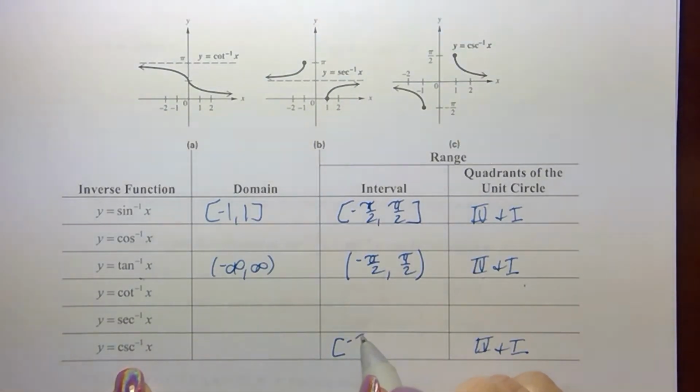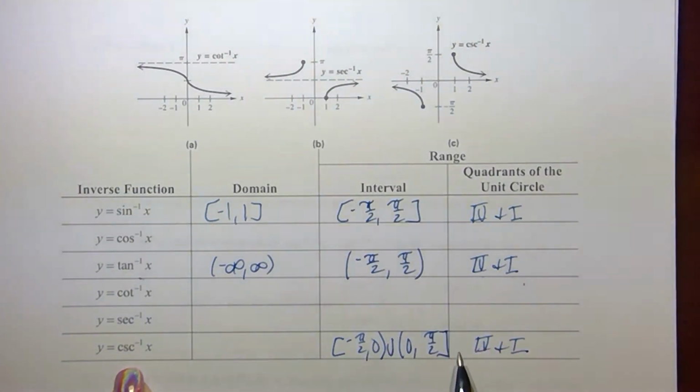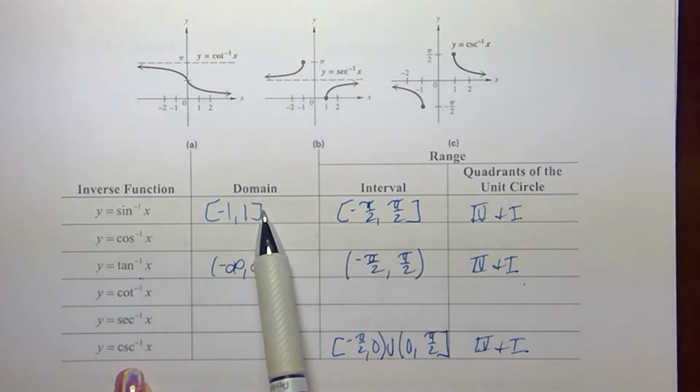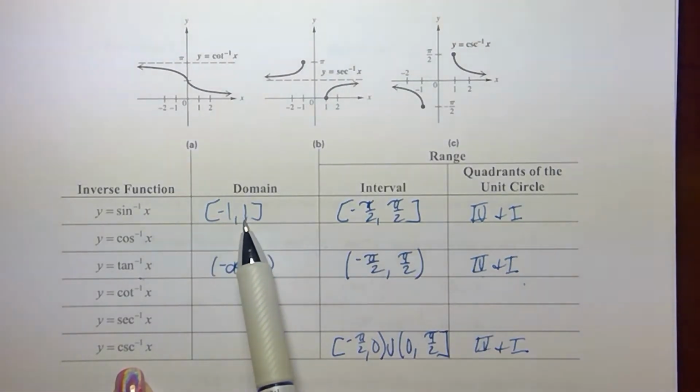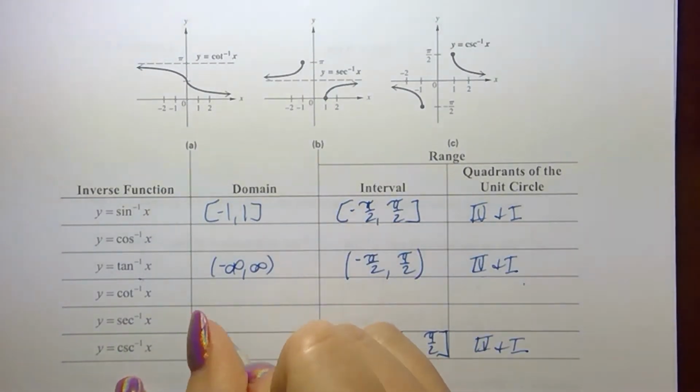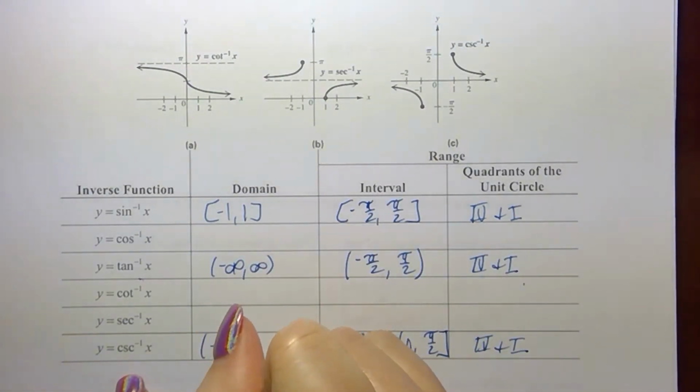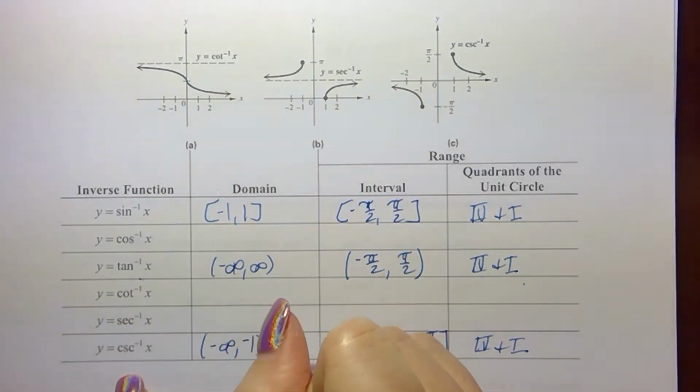So I get to include negative pi half, go up to 0, but I have to leave it out. And then I include positive pi half. So that's what the range interval looks like for cosecant. Remember the domain of sine is everything between -1 and 1. The domain for cosecant is going to be everything outside of that.